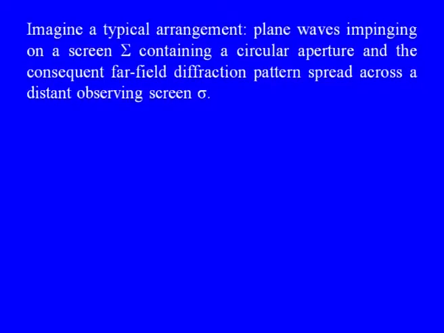See, imagine a typical arrangement, plane waves impinging on a screen capital sigma containing a circular aperture and the consequent far field diffraction pattern is spread across a distant observing screen sigma.